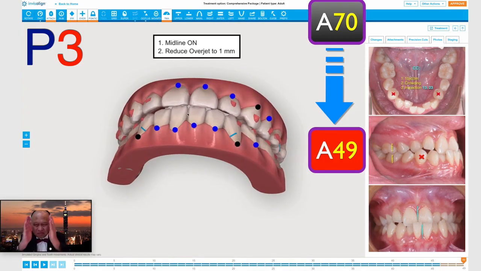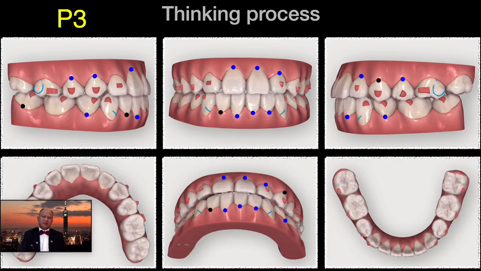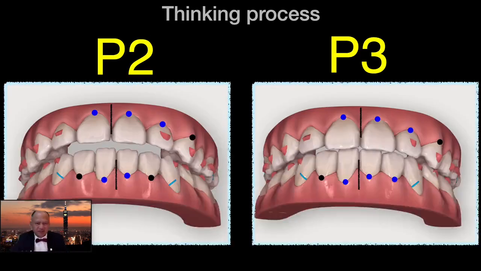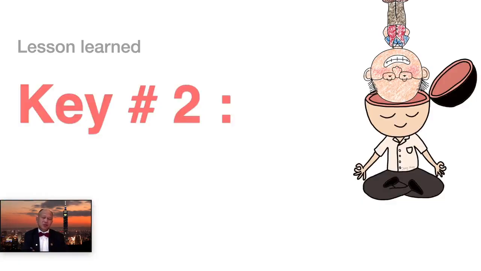So just give a very precise and very short comment, and you'll be able to get a similar result like this. It is a sync process. Look at plan 2 and plan 3, huge difference. Now with plan 3, you can just hit approve and you're done.